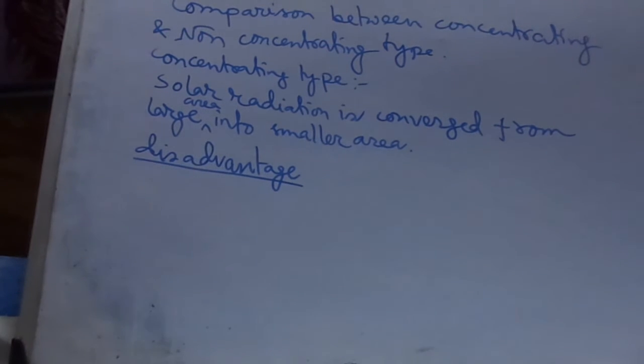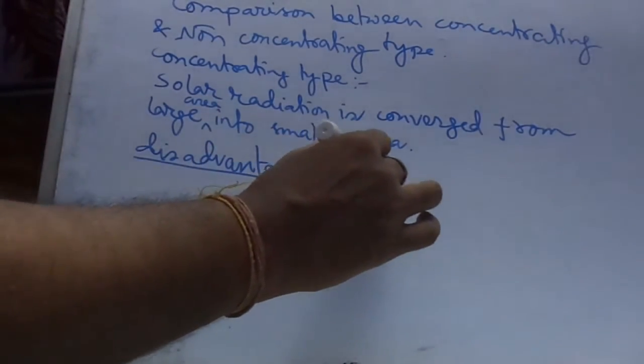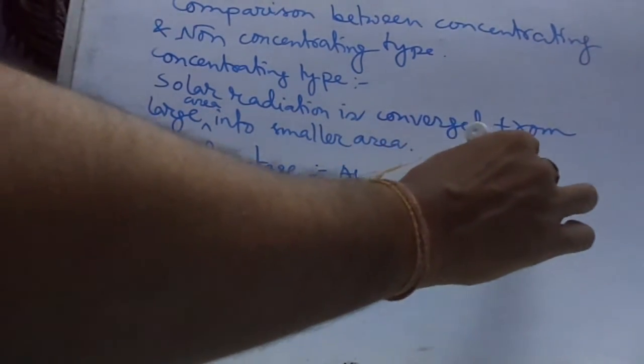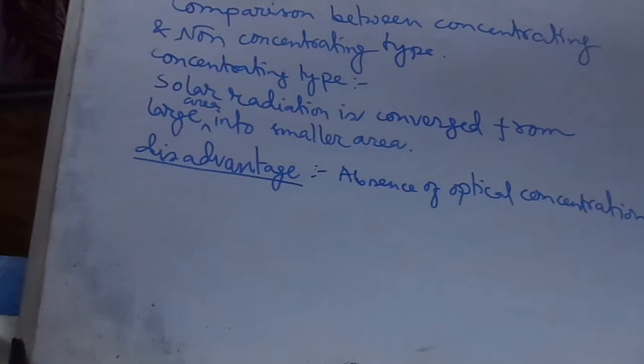The disadvantage of a flat plate collector is that because of the absence of optical concentration, the area from which heat is lost is large.